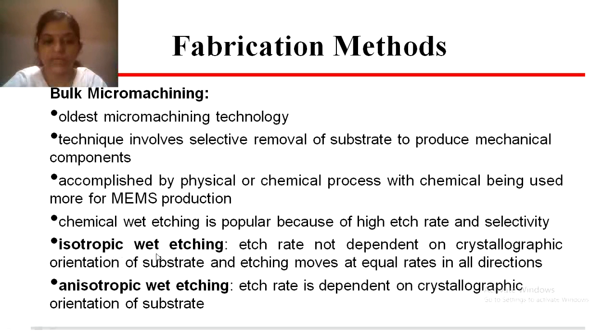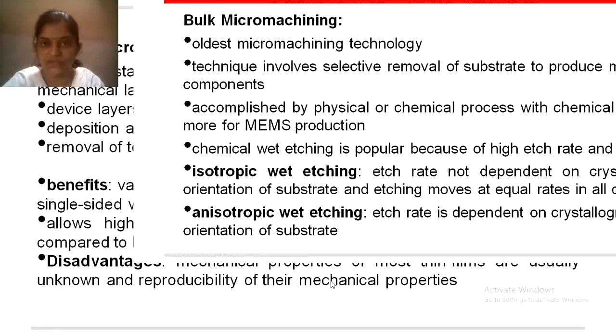Then isotropic wet etching. Here, isotropic means what? The etch rate is not dependent on the crystallographic orientation of the substrate, and etching moves at equal rates in all directions. That is isotropic. In anisotropic wet etching, the etch rate is dependent on the crystallographic orientation of the substrate. That is anisotropic wet etching.